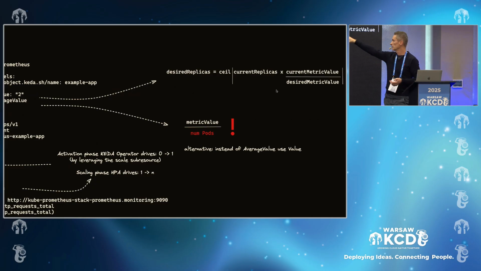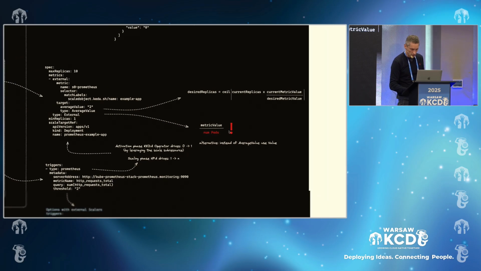So it is looking at the current number of replicas, and it is looking also at the current metric value and the desired metric value. And then the ratio is multiplied by the current replicas, so that if our metric increases above the desired metric value, this is greater than 1, and so we will go above the number of the current replicas.